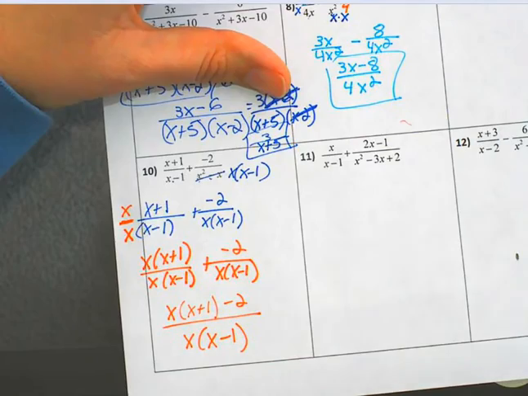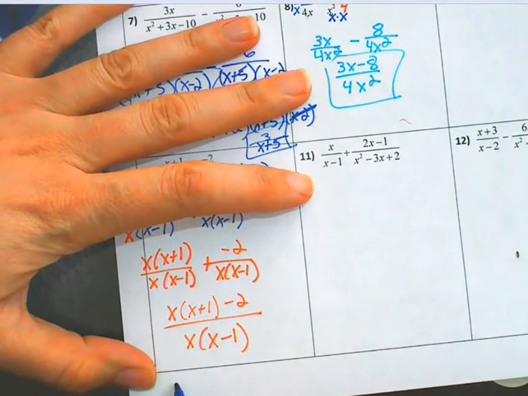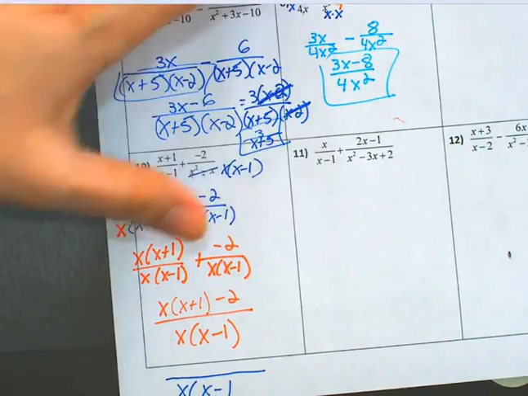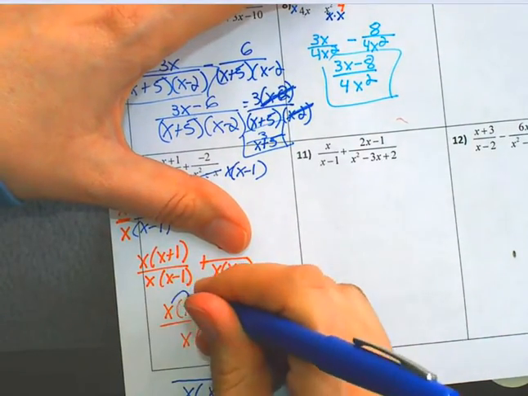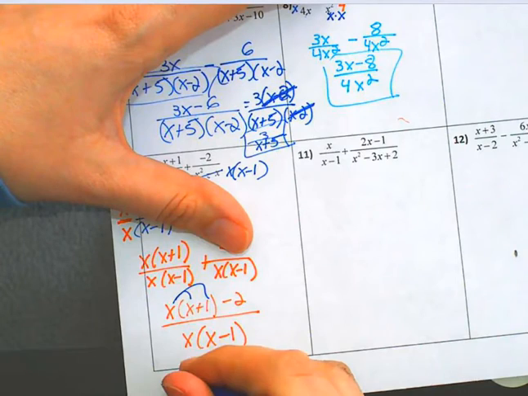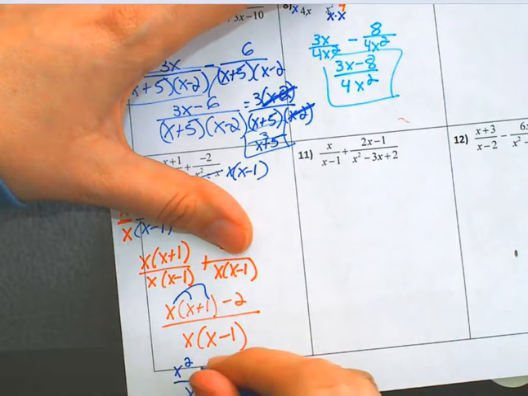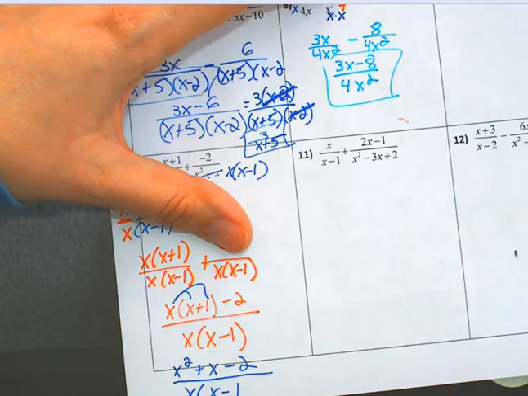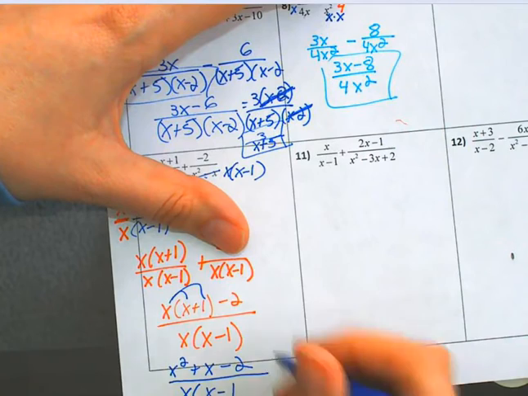So let's go ahead and clean up the top. The denominator is going to stay. We don't have to multiply that back through. We're just going to leave that there. So, to distribute that back in, we've got x squared plus x minus 2. Well, this is a trinomial that I can actually factor.